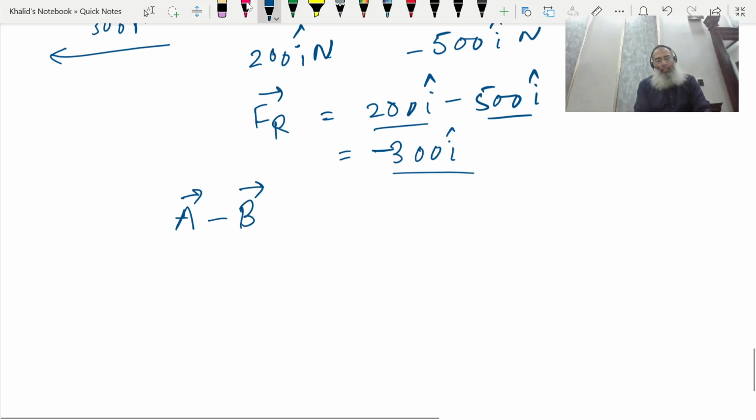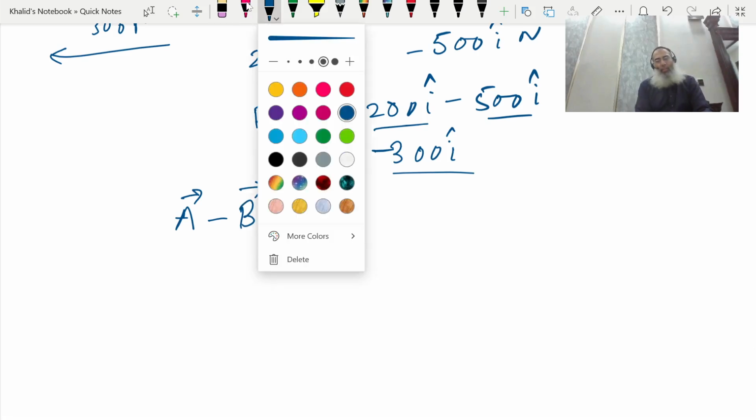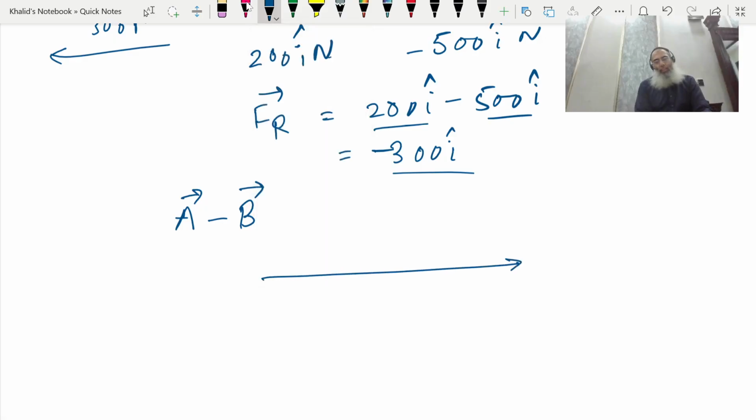For example, here I have a long vector and a shorter vector that is collinear. Both vectors are in the same direction, they are called collinear, or linear. So this one is B, and this whole vector is A. So what is the difference?